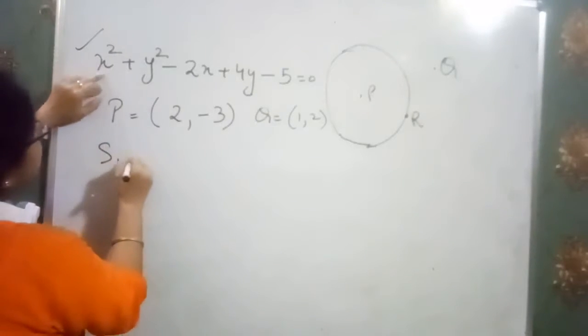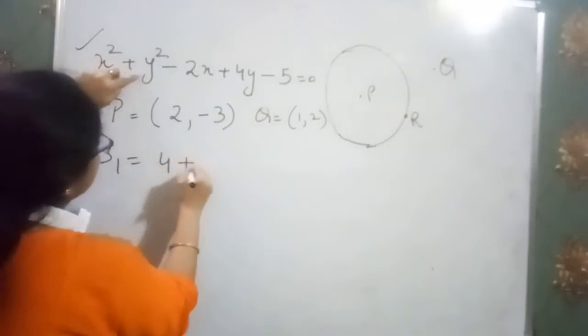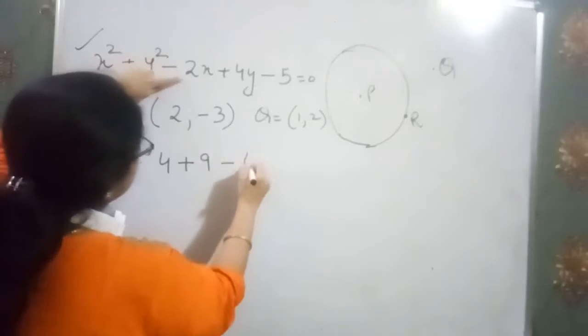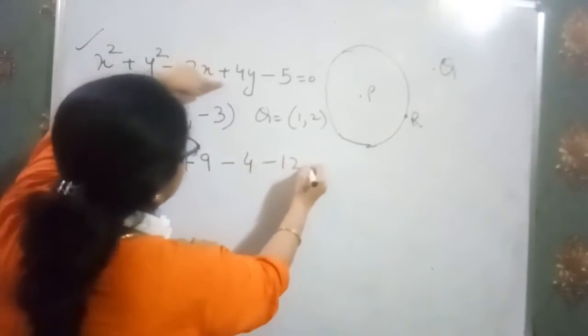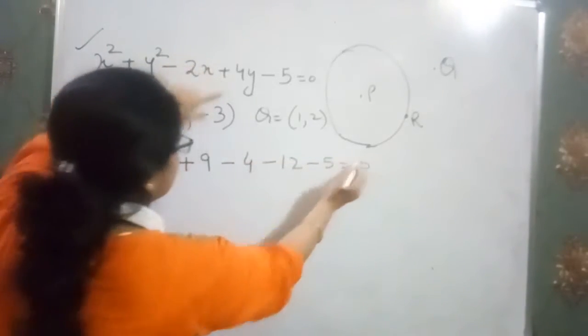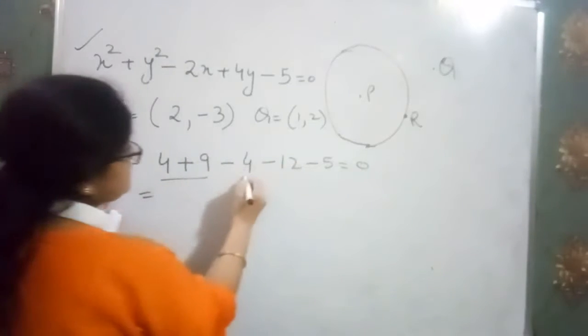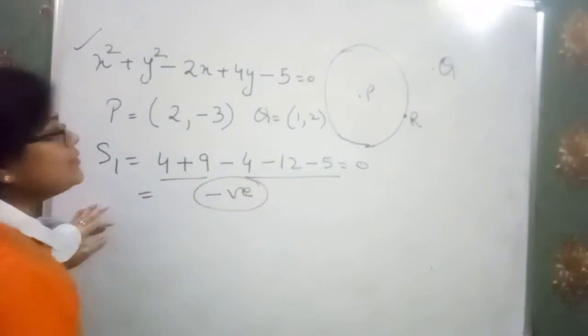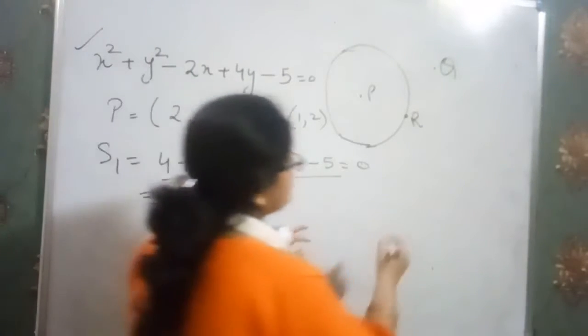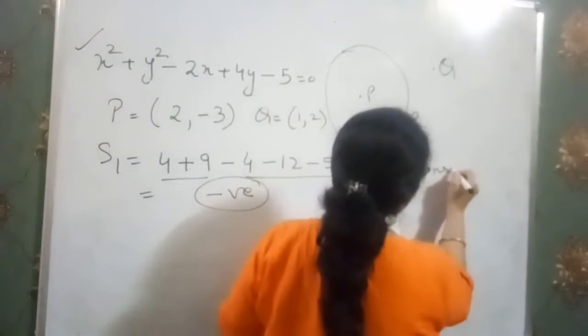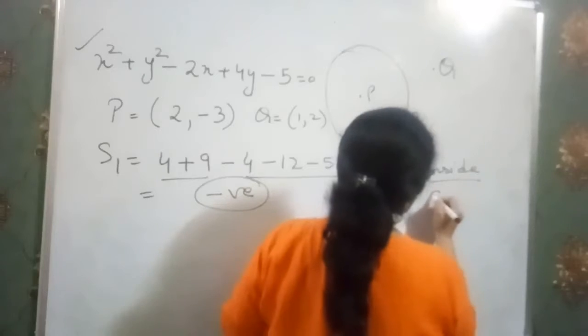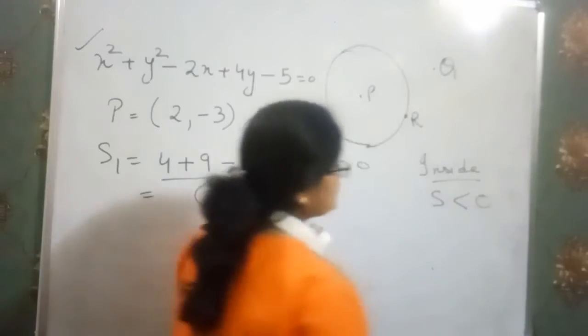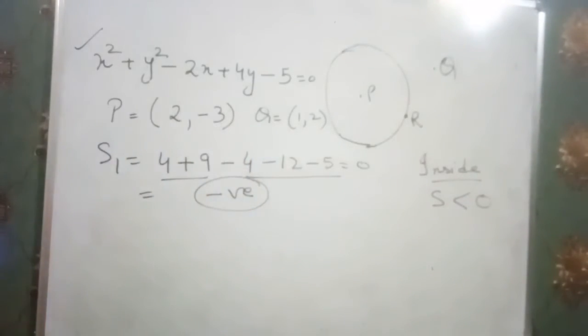So we have 4 plus 9 minus 4 minus 12 minus 5 is equal to 0. Ultimately we see that its value is negative. So when the value is negative, the point lies inside the circle. When it is less than 0, the point lies inside the circle.